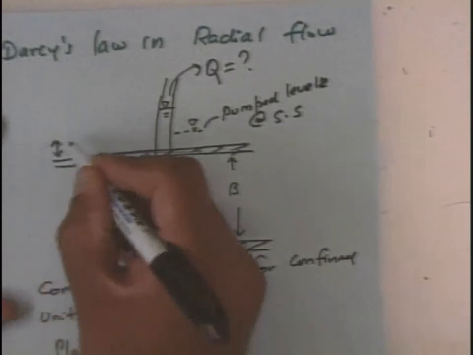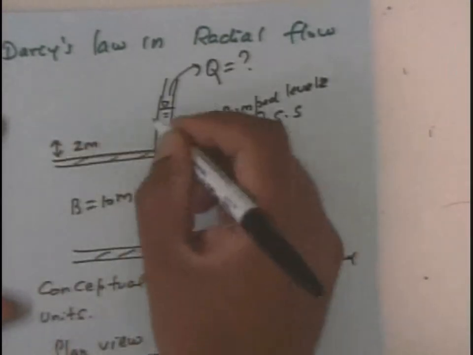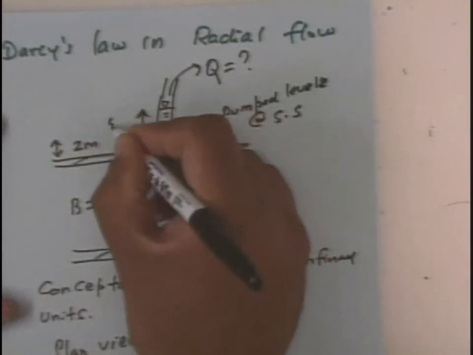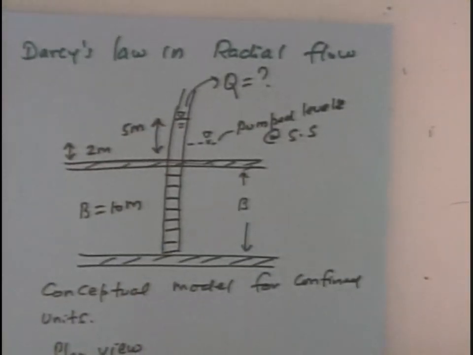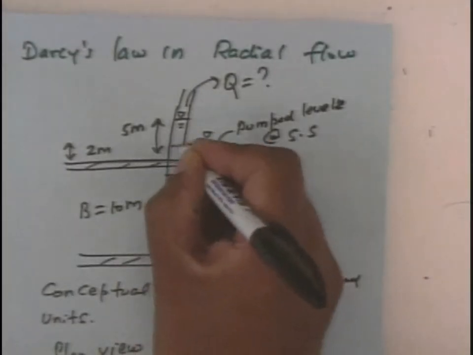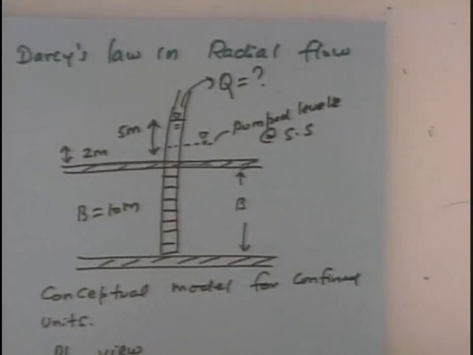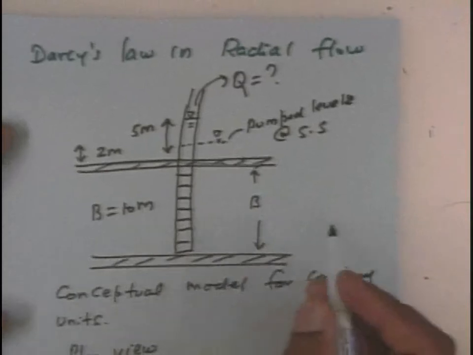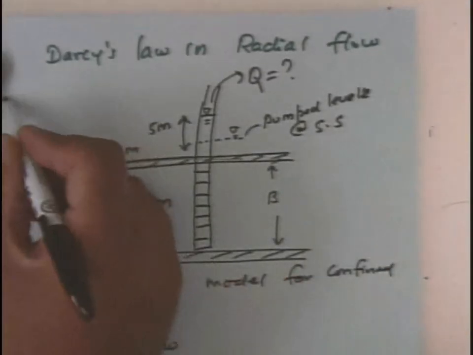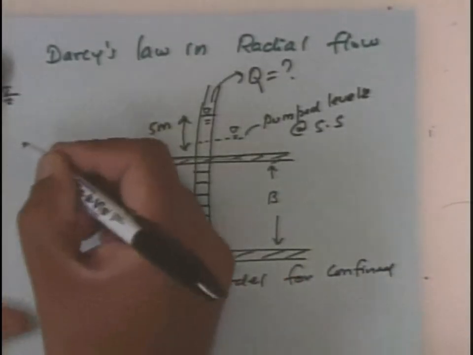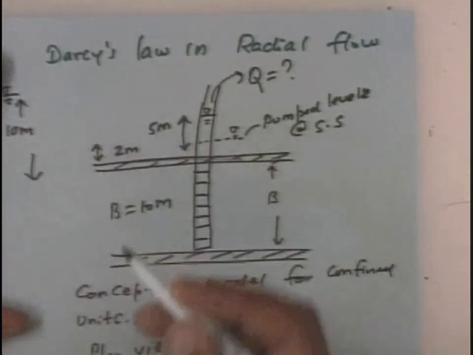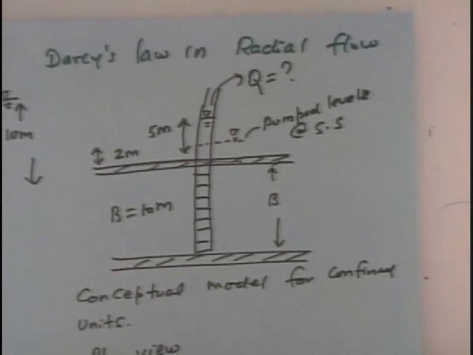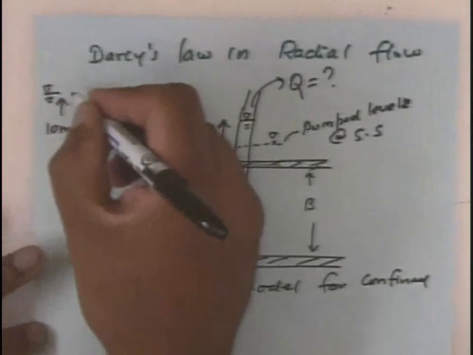This height is 2 meter, and the original height was say 5 meter. So it dropped from 5 meter to 2 meter. And the water level in the lake, if you go far away, is somewhere very high, about 10 meter. So this is at the lake.